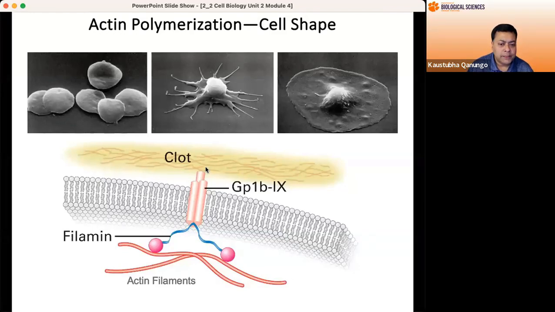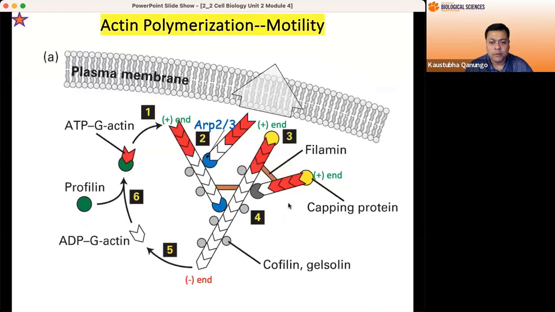And this is a protein which is called GP1B9. This is essentially a transmembrane protein, and this cross-links with the help of filamin to the actin filaments. Filamin we already saw beforehand. Filamin is a cross-linking protein.